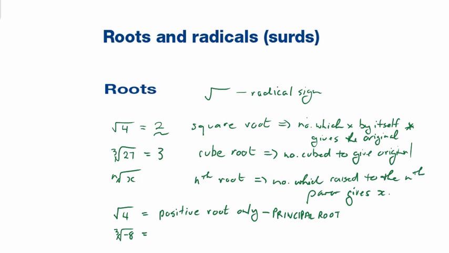There is only one answer there, and that is -2, because a negative times a negative times a negative gives -8.